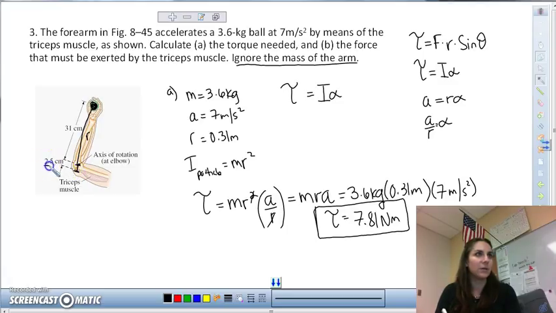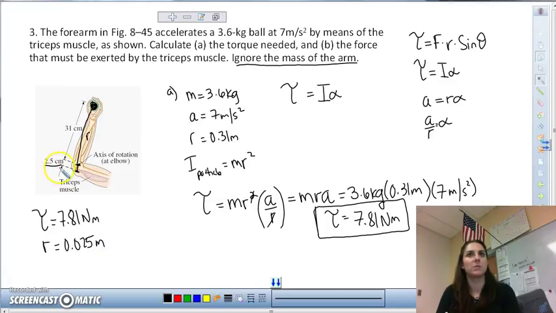That's 0.025. So the torque here is going to be the same torque, so we're still going to use this 7.81 Newton meters. However, our new lever arm is 0.025 meters. Notice I immediately converted it from centimeters.